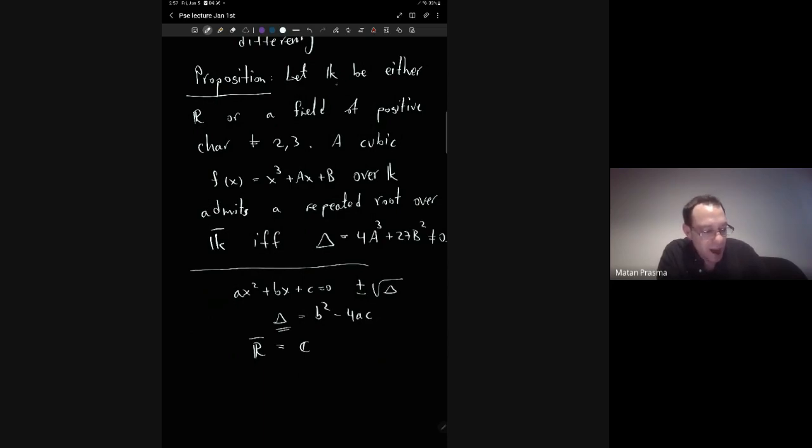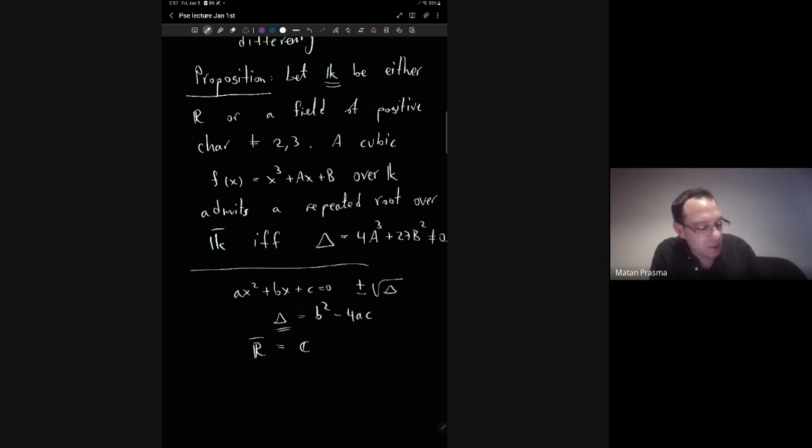So I take any field, either the real numbers or one of our finite characteristic fields, and I look for all the roots over the algebraic closure. Over the algebraic closure, I have exactly 3 roots, but possibly with repetitions.